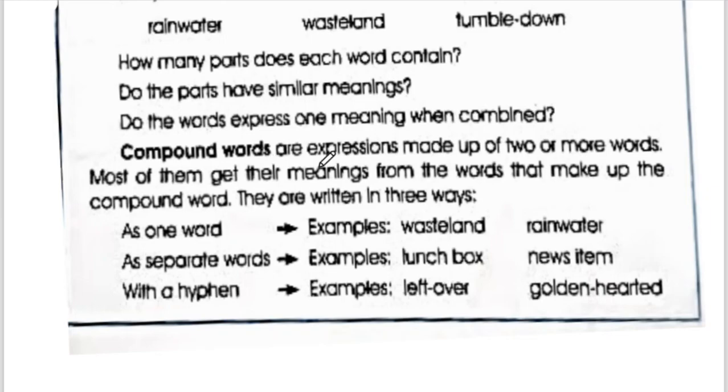Compound words are expressions made up of two or more words. Most of them get their meanings from the words that make up the compound word. They are written in three ways. As one word, examples: wasteland, rainwater.